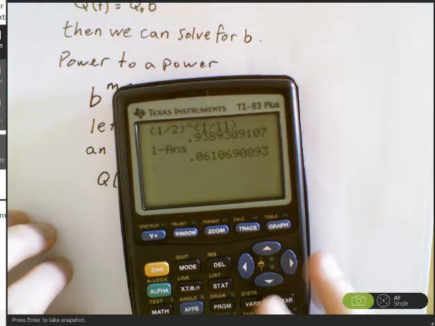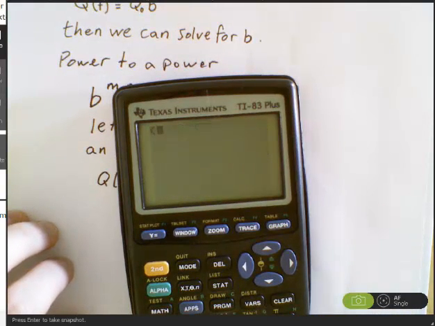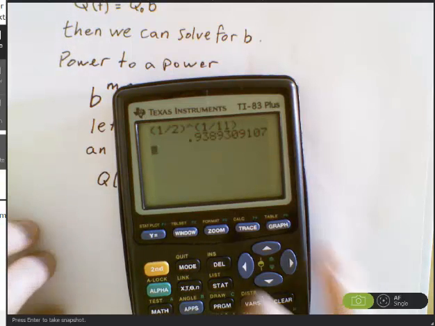We'll take our calculator and type in 1 over 2 raised to the 1 over 11 power, and that gives us 0.9389.